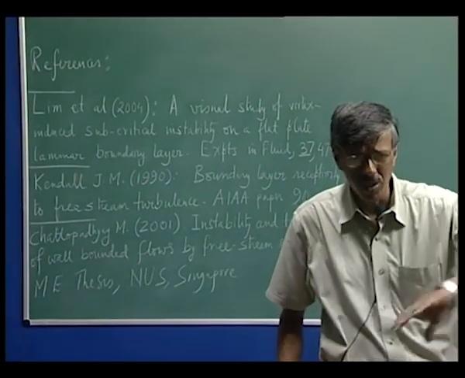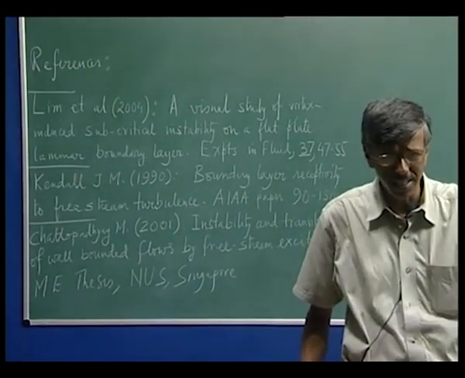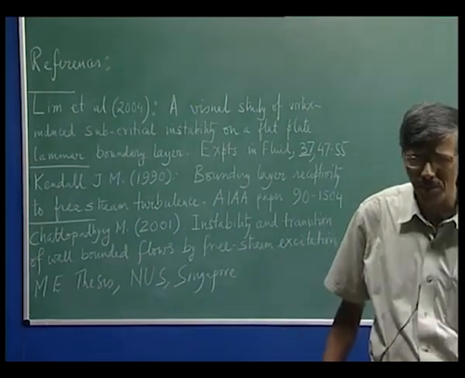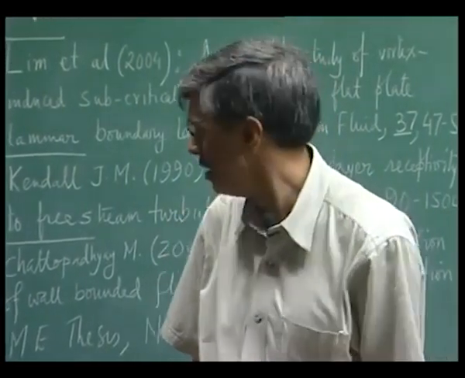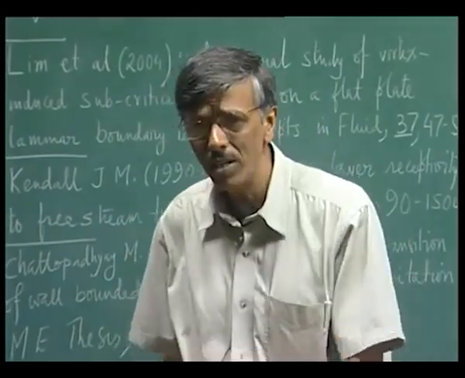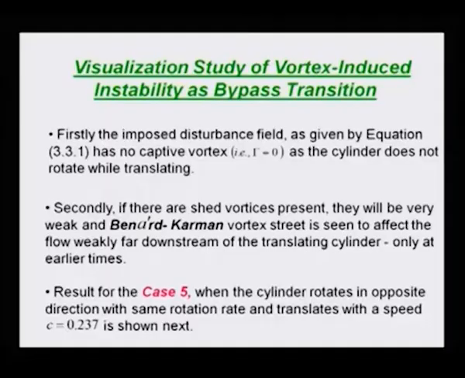That is where your boundary layer is growing, your Re delta star is growing, and the transfer function is becoming more and more receptive to smaller disturbances, and that is why you may see some weak effects there. That is what we are saying, far downstream of the translating cylinder, only at some earlier times. So, this could be essentially due to the transient.